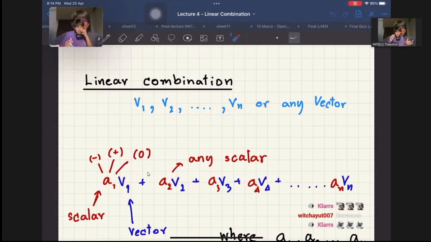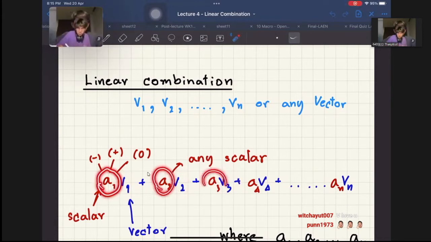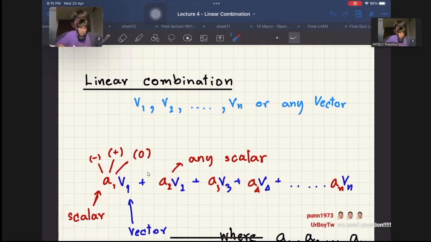is to multiply any number of scalars to the vectors that we have. You can see this variable a is a scalar. It can be negative, positive, or zero.